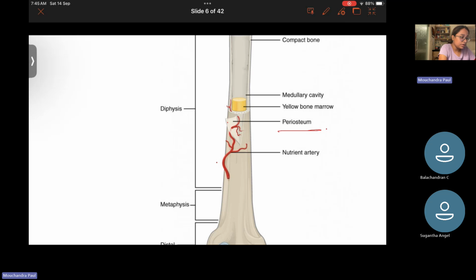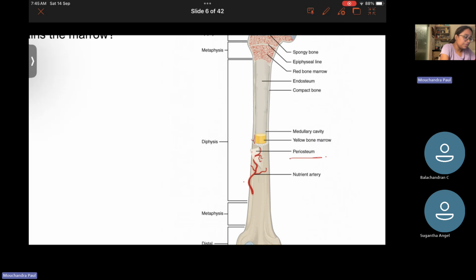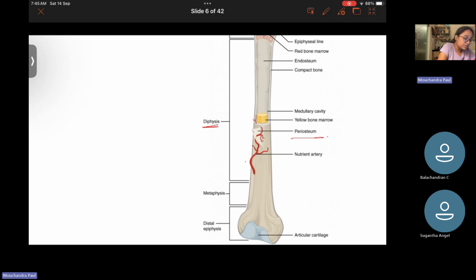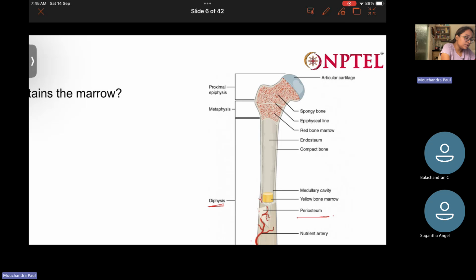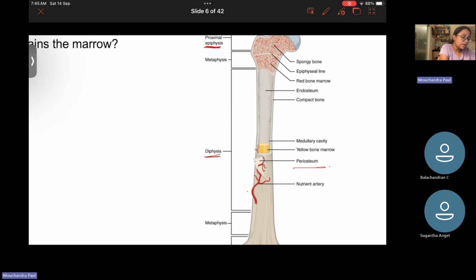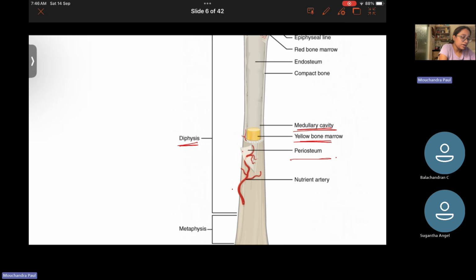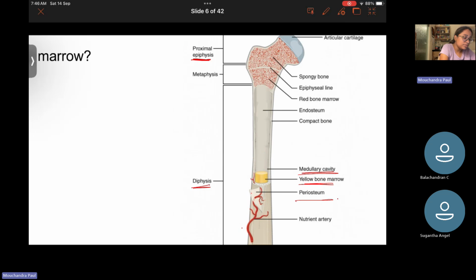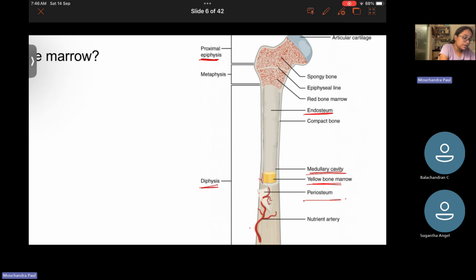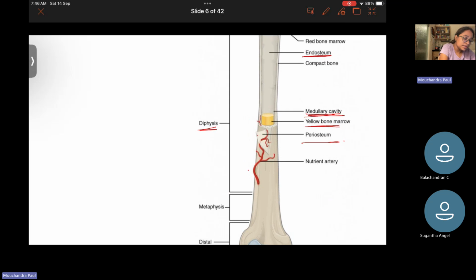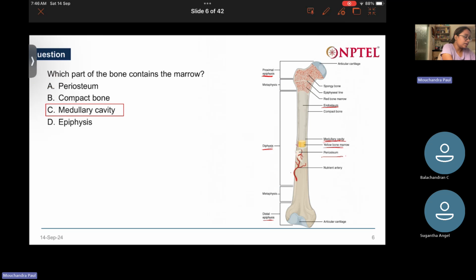Then this is the middle region of the bone called the diaphysis. The epiphysis is the proximal and distal regions, the ends of the bone, and inside that the deepest layer is called the medullary cavity, which contains the yellow bone marrow. The periosteum is the outermost, then comes the endosteum, and inside the endosteum there is the medullary cavity, and inside the medullary cavity there is bone marrow. That's why answer C is correct here.